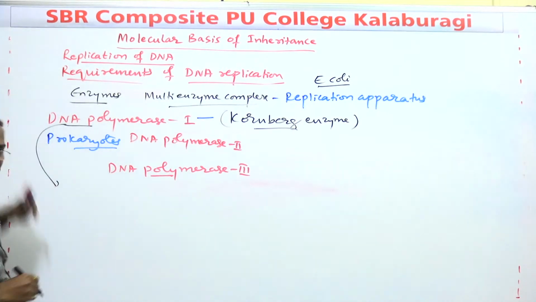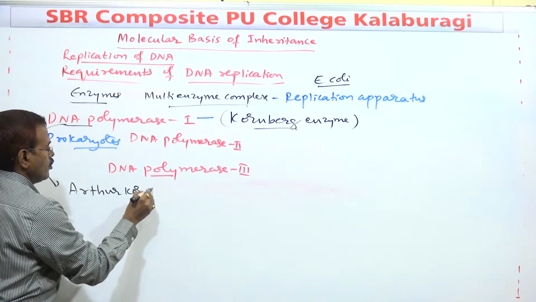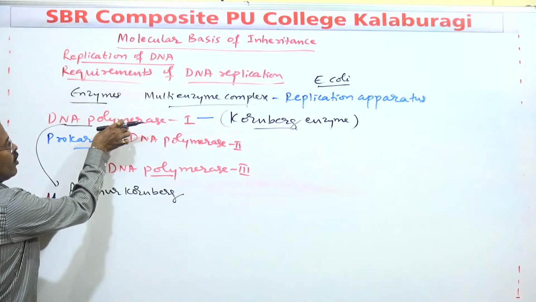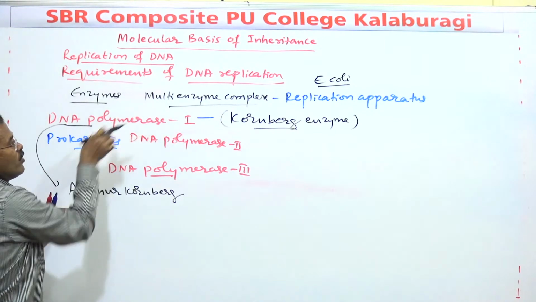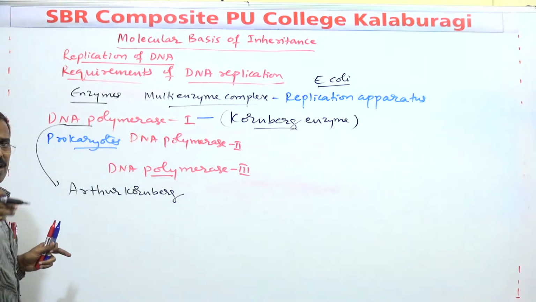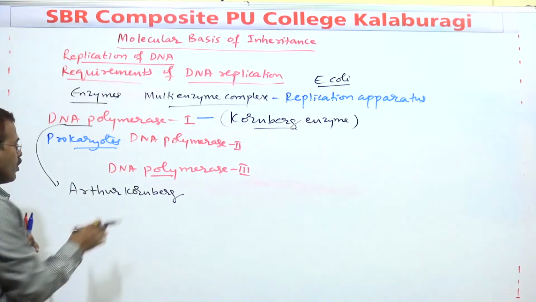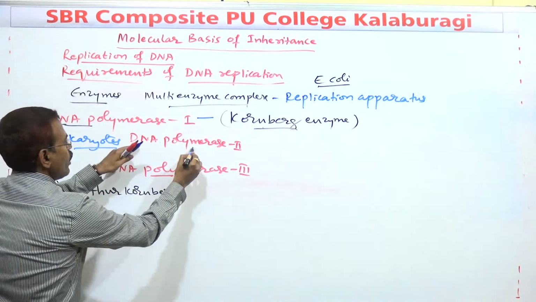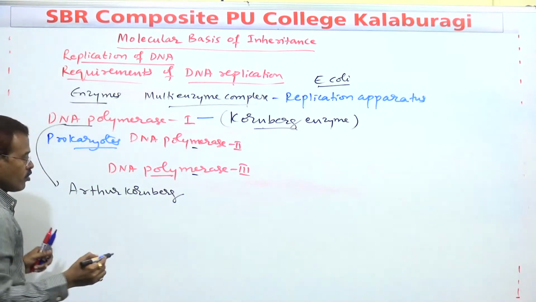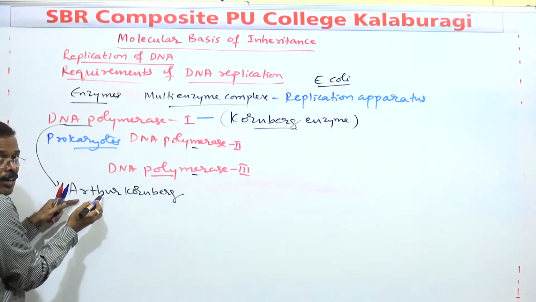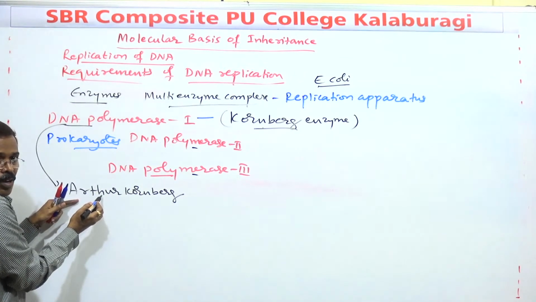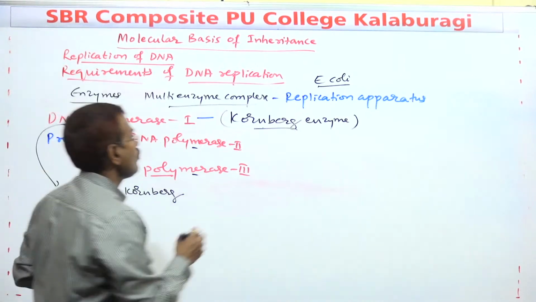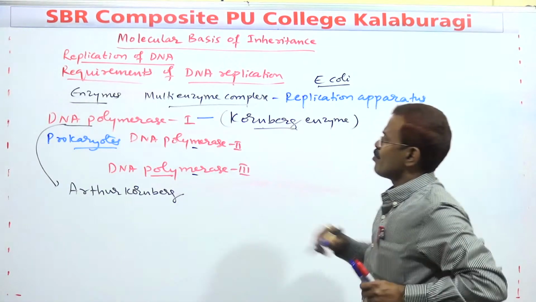For the first time it was discovered by Arthur Kornberg, who discovered the enzymatic activity of DNA polymerase in replication of DNA, so it is referred to as the Kornberg enzyme. Remember, these enzymes were discovered by Arthur Kornberg and his son.